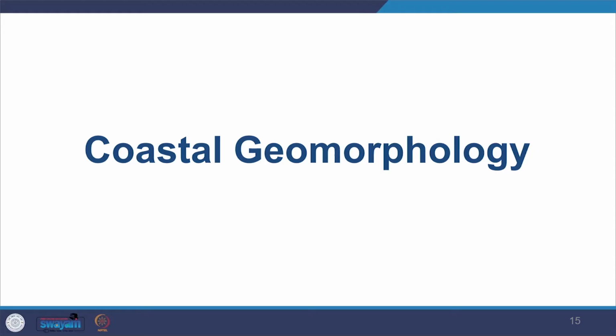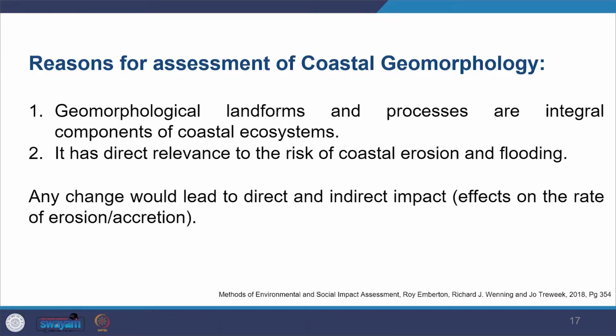So looking at the coastal geomorphology. The coastal geomorphology is very important in EIA for two main reasons. So we see that geomorphological landforms and processes are part and parcel of the coastal ecosystem, and they have direct relevance to the risk of coastal erosion.